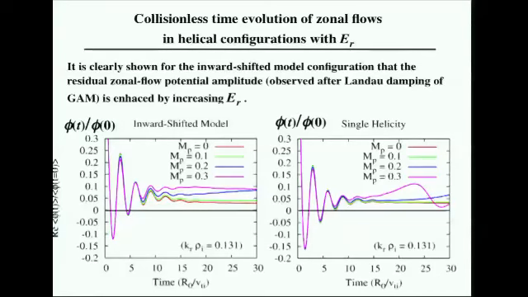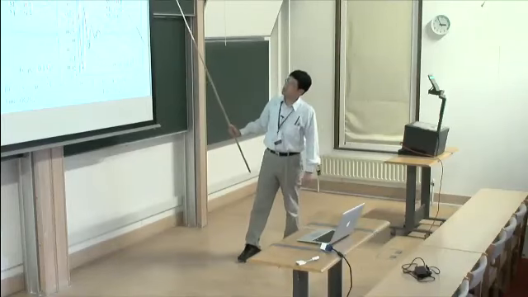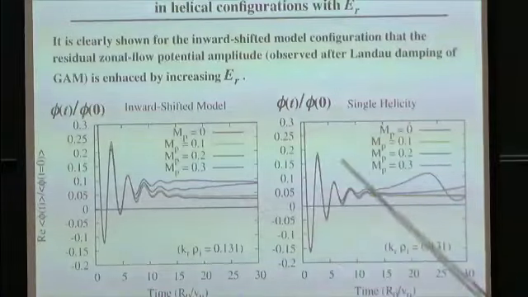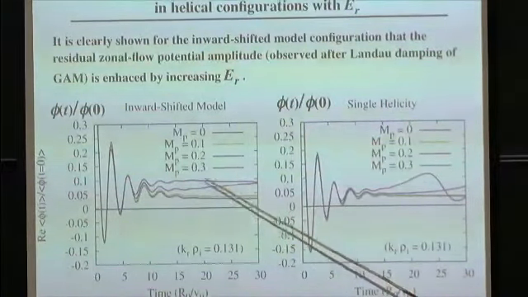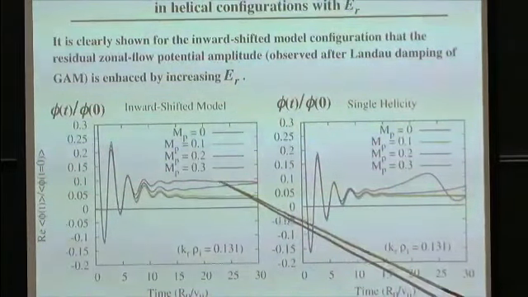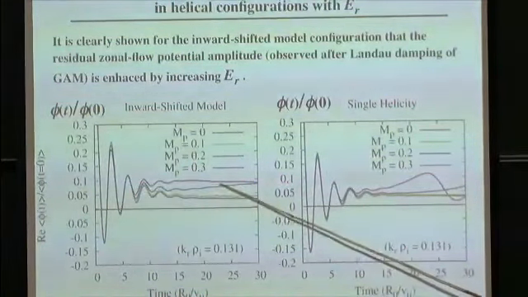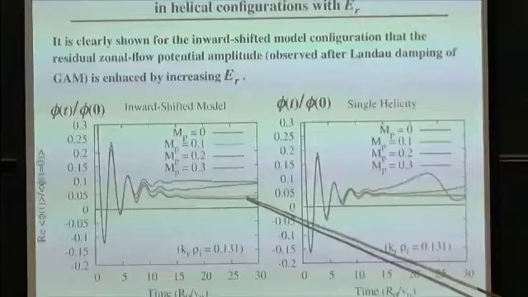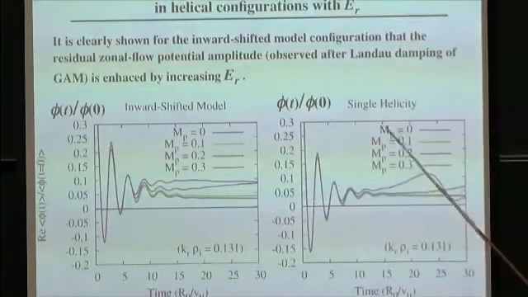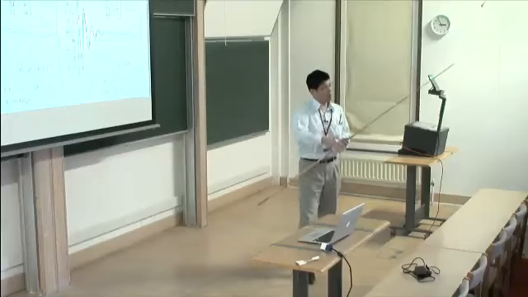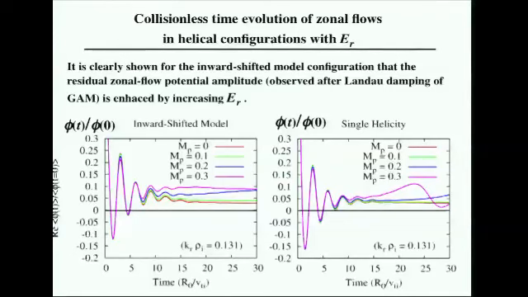This is inward shifted, and this corresponds to the standard single helicity case. As you can see, increasing the poloidal Mach number or increasing the radial electric field, after Landau damping, we can see a clear increase. But the single helicity case is not so well neoclassically optimized. Also, in this single helicity case, the helically trapped particle is also showing a kind of poloidal rotation, and maybe this oscillation is related to that.